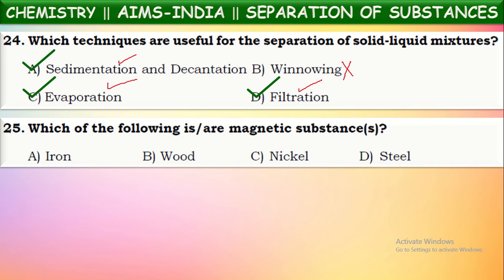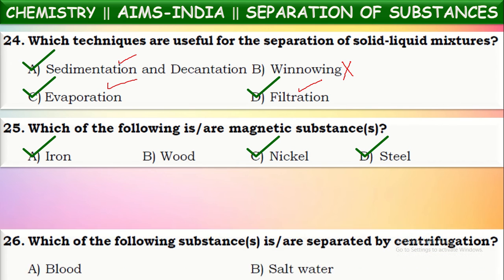Wood, plastic, rubber, these won't be attracted by the magnet, so they are called non-magnetic. Whereas the remaining, iron, nickel, steel, these all are attracted by the magnet, hence they are called magnetic substances. Okay.